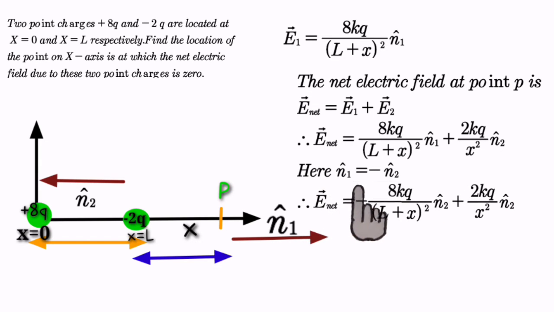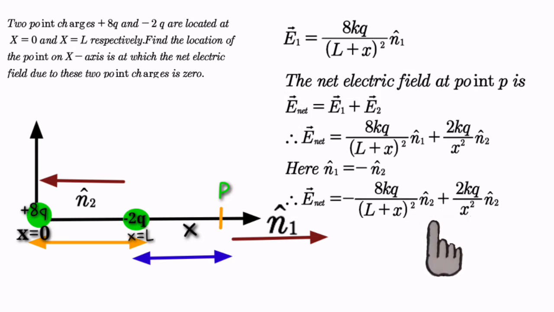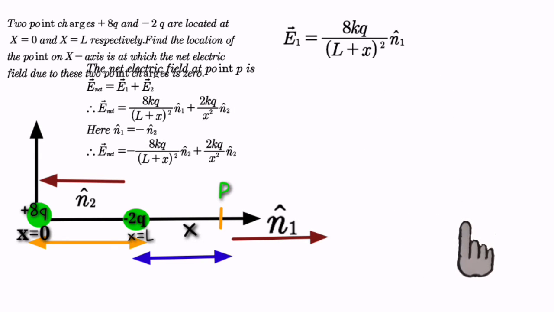Here N1 cap is equal to minus N2 cap because the directions of N1 and N2 are opposite to each other. Therefore, from the above equation, we get E net vector equal to minus 8kq divided by (x plus L) whole square into N2 cap plus 2kq divided by x square into N2 cap.